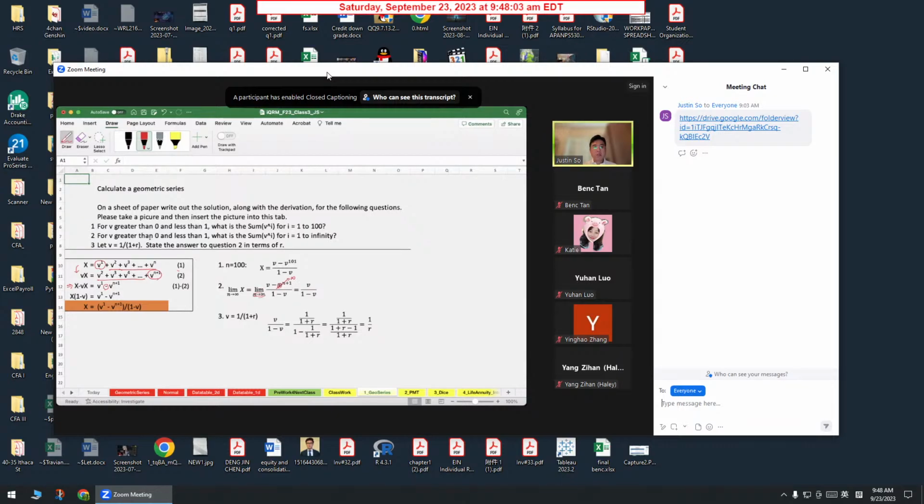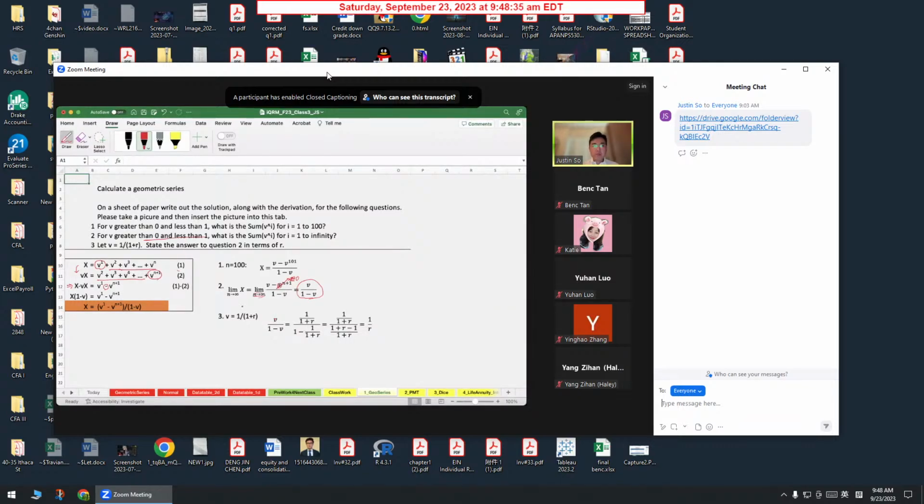So because of this condition, this one is actually not infinity, it goes to 0. If you have not taken calculus, it's maybe a little bit hard for you, but that's from calculus. So this expression becomes only v over 1 minus v, only if the value of v is between 0 and 1.